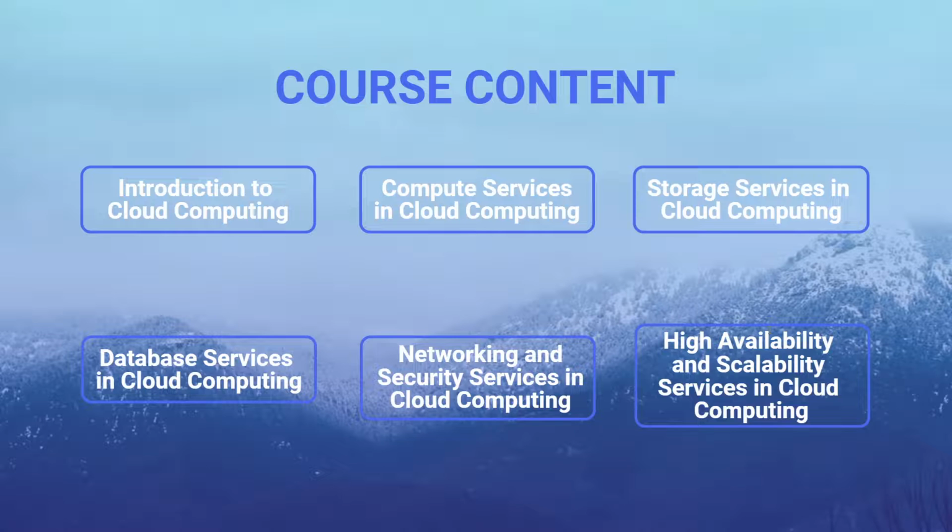So how do we increase capacity automatically, without manually adding a server or anything else? We can automate things so that our application is available all the time. So in the last unit we are going to learn about high availability and scalability services in cloud computing.